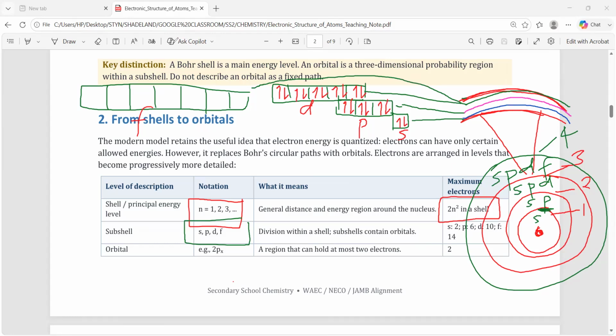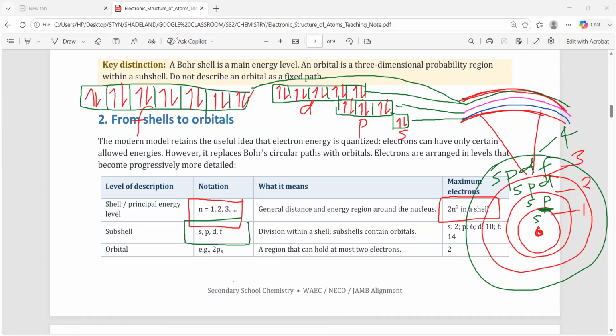Then let me ask Victory. Victory, how many electrons do we have in the F subshell? 14. Very good. So we have 1, 2, 3, 4, 5, 6, 7, 8, 9, 10, 11, 12, 13, 14.